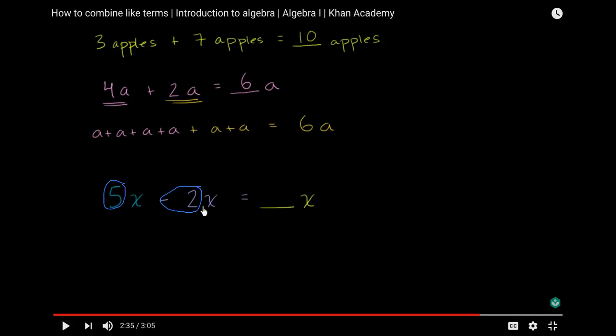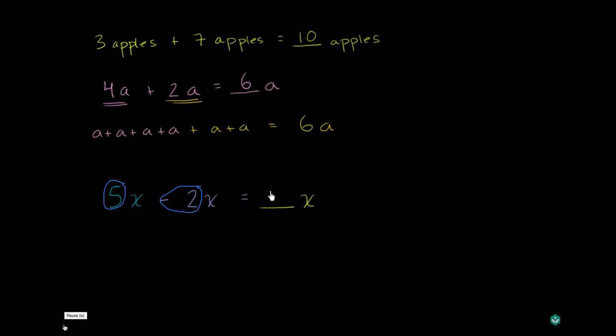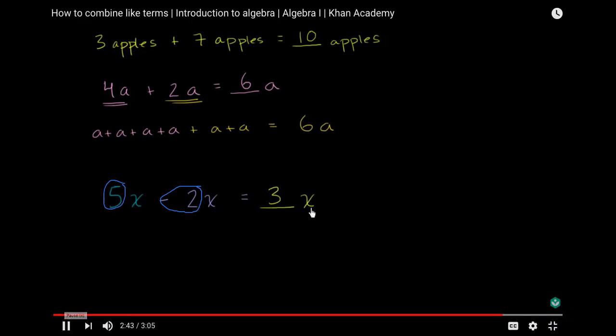So 3. Okay, 3. All right, so we start at 5 and we're minusing 2. Let's see, if I take 2 away, I'm going to have 3 of that something left. So this is going to be equal to 3x. 5x minus 2x is equal to 3x.